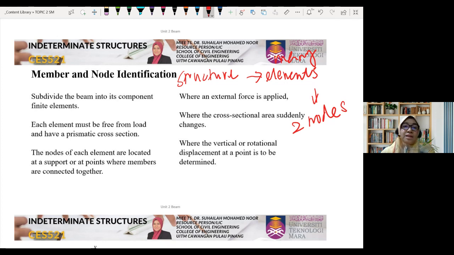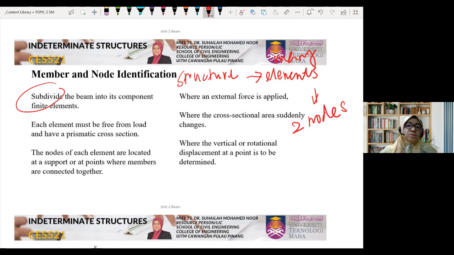So what we actually do in the analysis is subdivide the beam or the structure into elements. But we must understand that we must apply all the characteristics, including the cross-section area and the material properties, in the analysis.